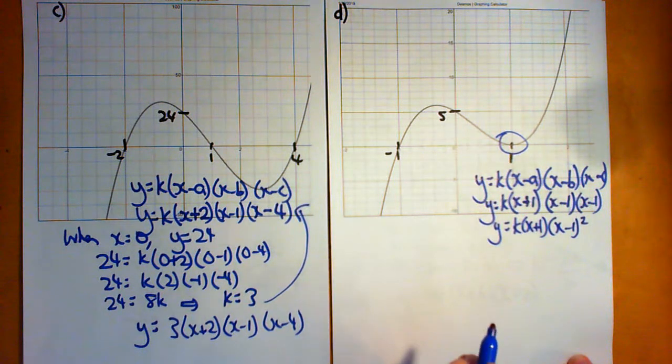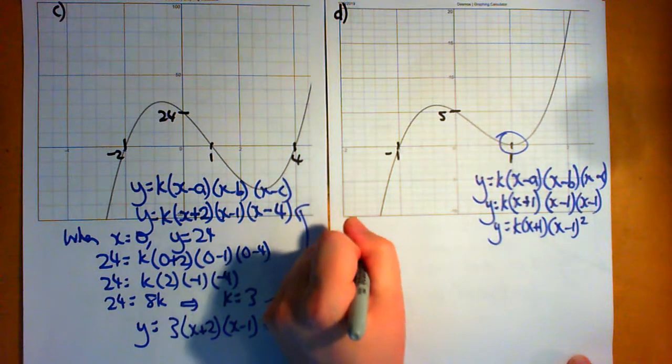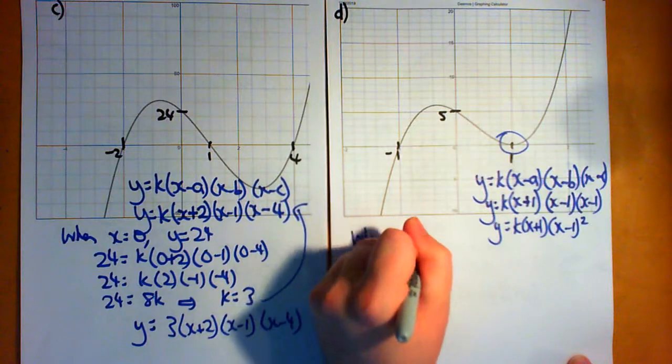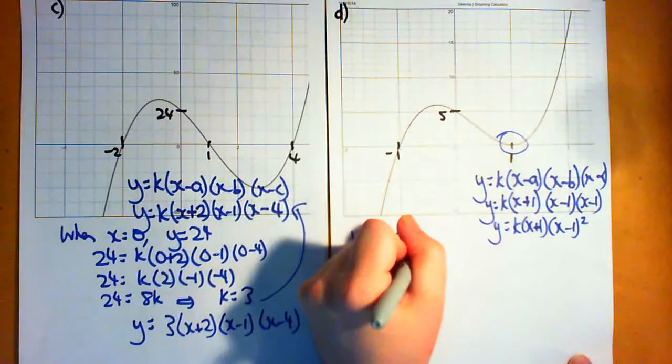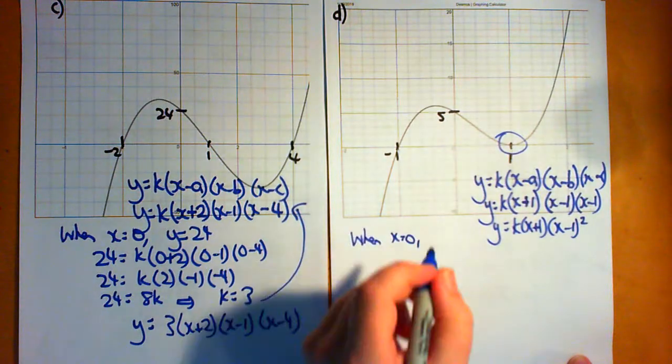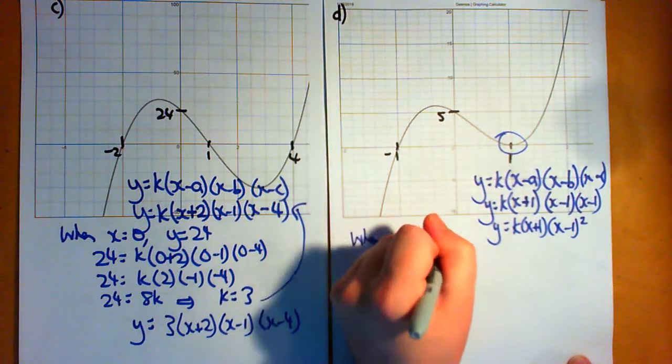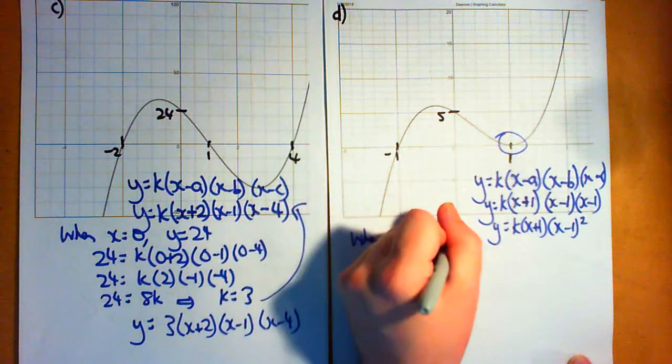Okay, so we also need one other piece of information here. We need to use when x equals 0, because we again have a nice coordinate where it crosses the vertical line. So we're again looking at x equals 0. y is going to be +5.